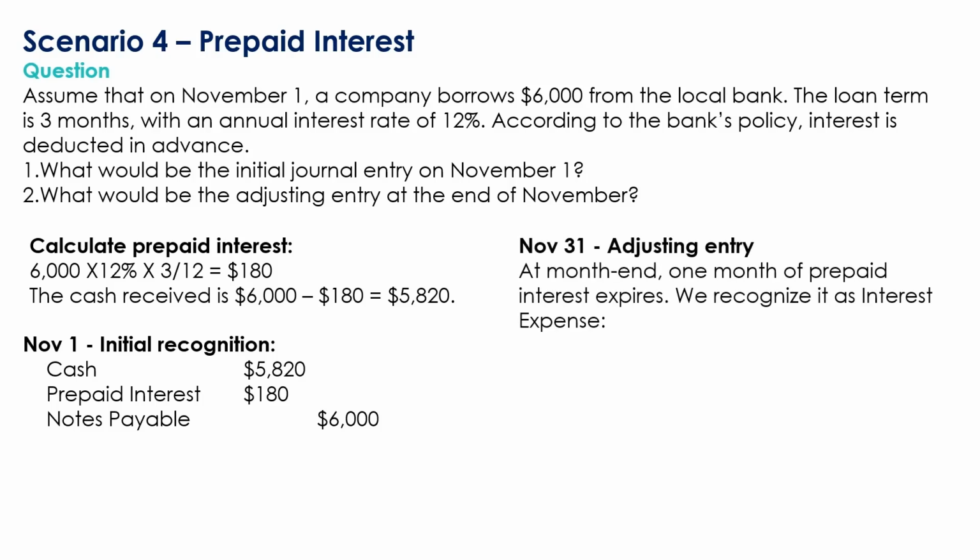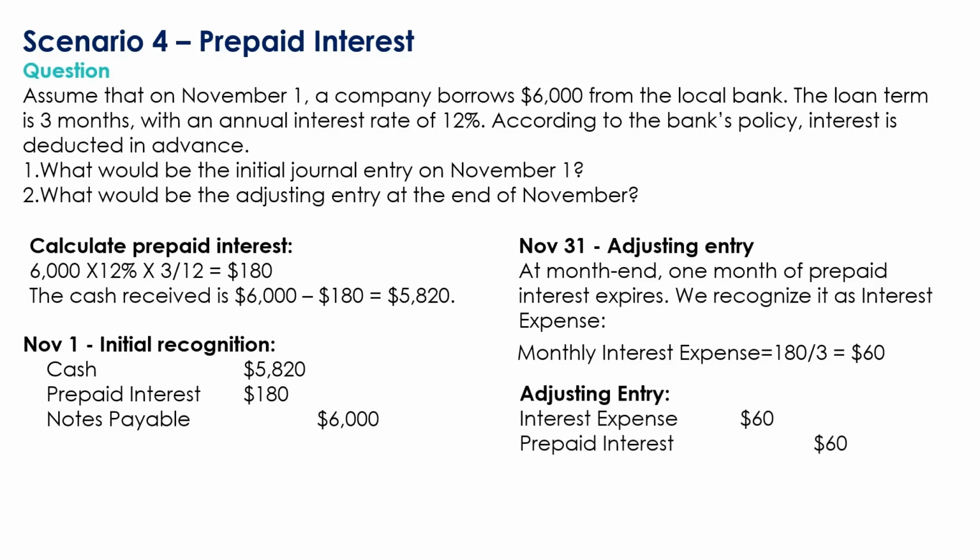Moving forward to the end of November, 1 month has passed, meaning 1/3 of the prepaid interest has expired. To account for this, we divide $180 by 3 months, which gives us $60. We then adjust the books.